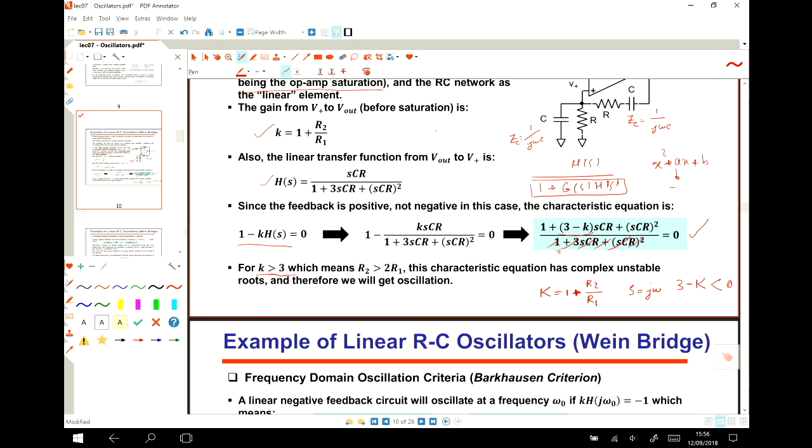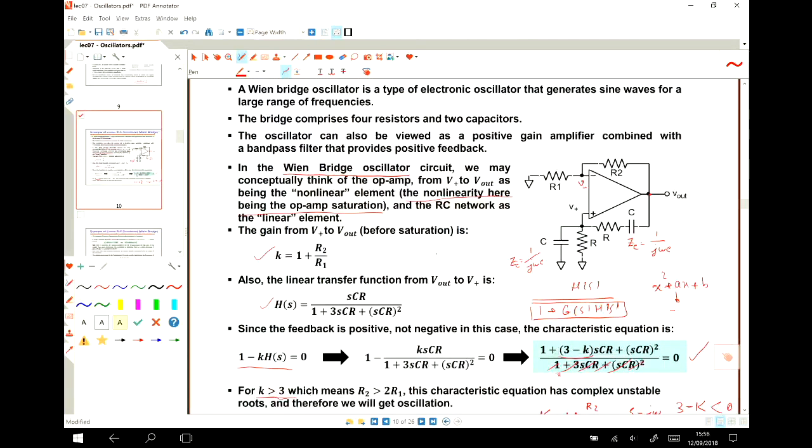Or you agree with me that the transfer function of the whole system, assume that this system has a gain of k, and in the feedback has a linear system or a nonlinear system which has a Hs. Okay? So the whole transfer function is k divided by 1 minus kHs. Okay?